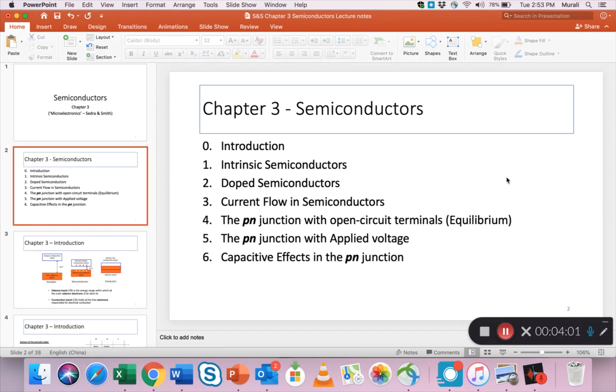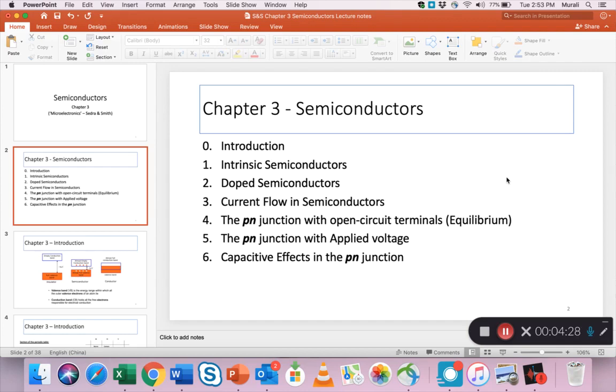So we will look at semiconductors and their basic properties, and then section 3 is called current flow. So we'll address those, do some problems, and then move on to the next 3 sections. Okay, so that was slide 2, and I will move to slide 3 in a minute.